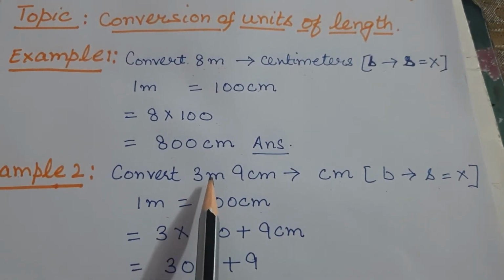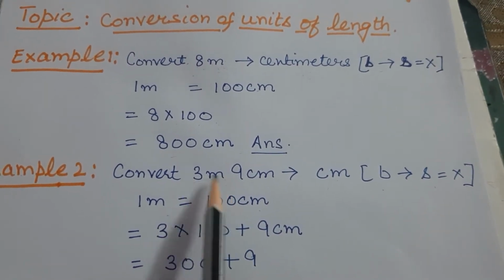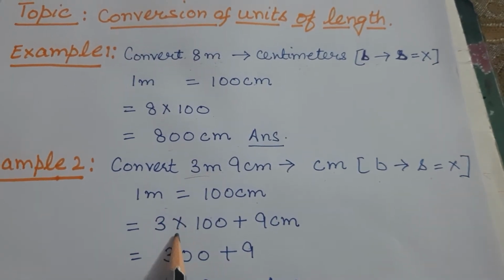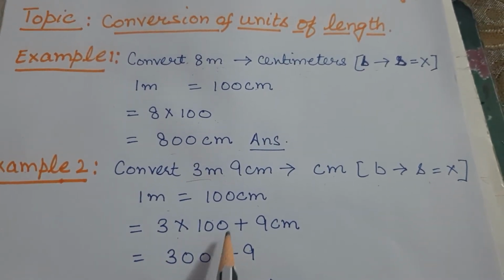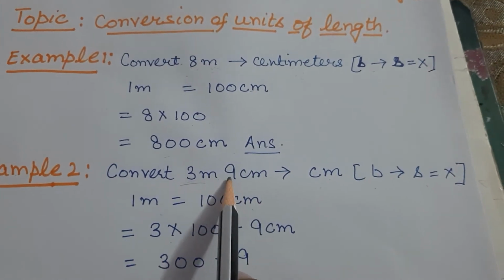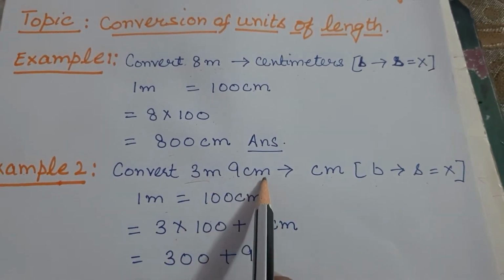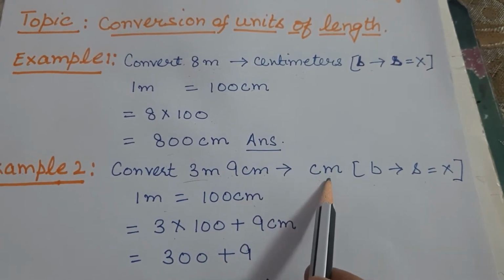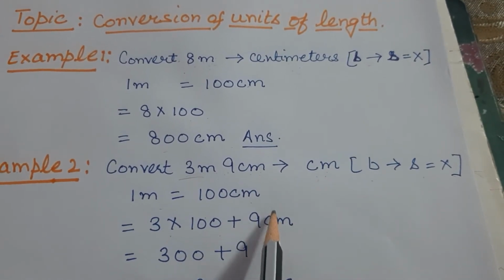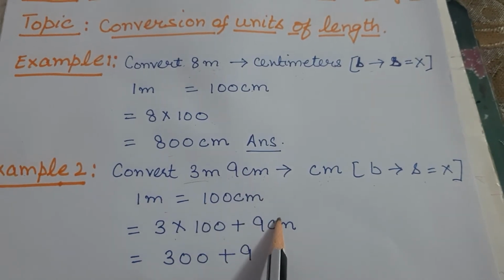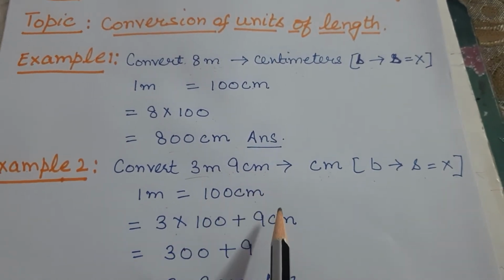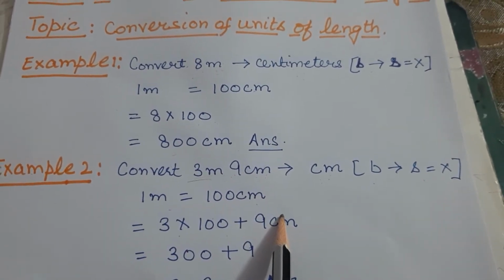So now we will solve the sum. 3 meter means 3 into 100 centimeter plus this 9 centimeter. It is already in centimeters and we are converting it into centimeter. So this number will be written as it is, because we cannot convert it into meters.